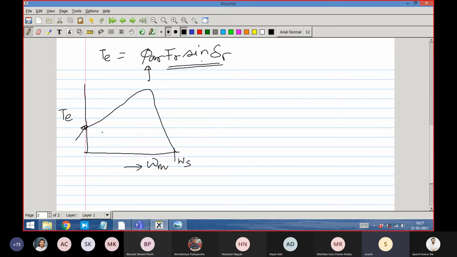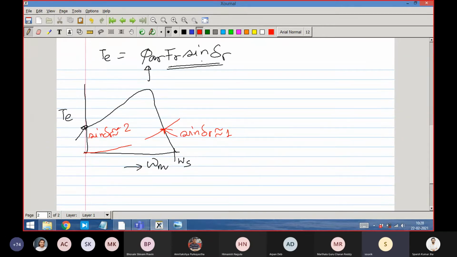Let me also show the steady state point. At this point sine delta R is nearly equal to 1. Here sine delta R is very poor, nearly equal to 0. I am simplifying it; nearly 0 is not the correct value, maybe it's about 0.2.